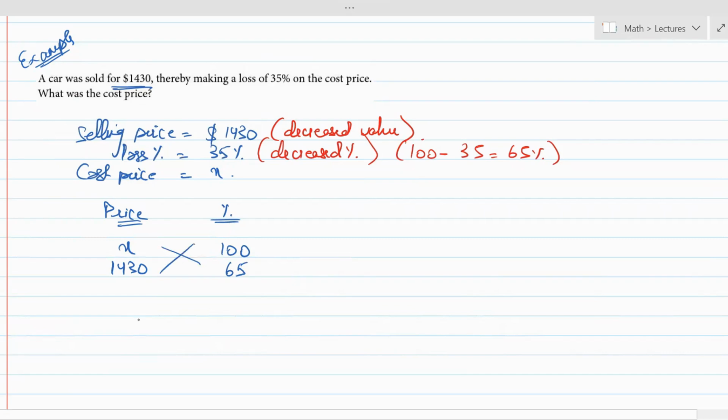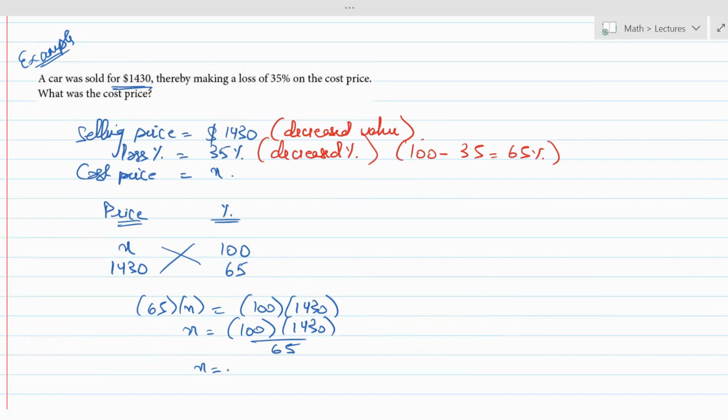So cross multiplying here, it would be 65 into x is equal to 100 into 1430. So x would be equal to 100 into 1430 upon 65. And we are getting this as 100 into 1430 divided by 65, which is 2200.